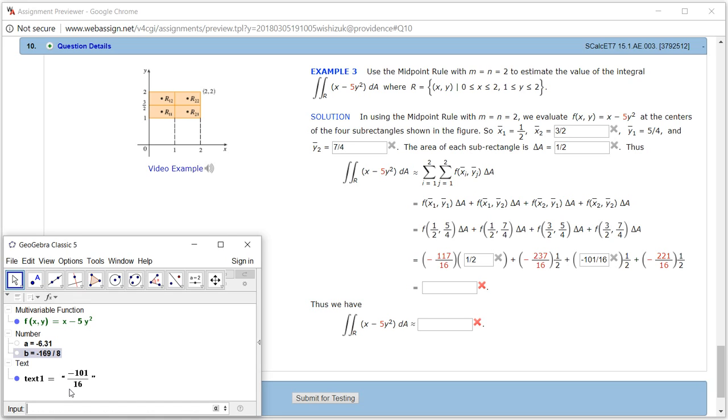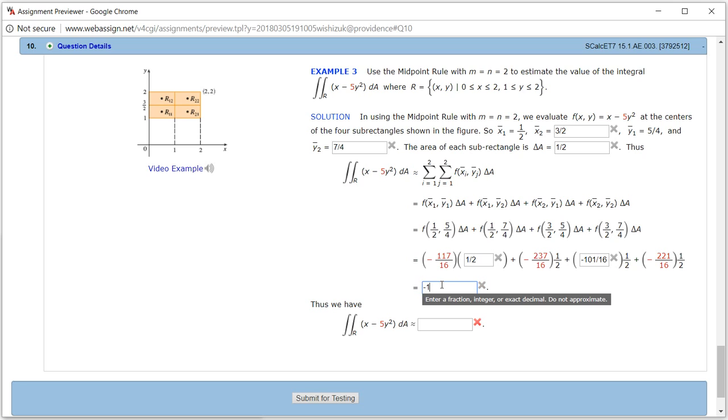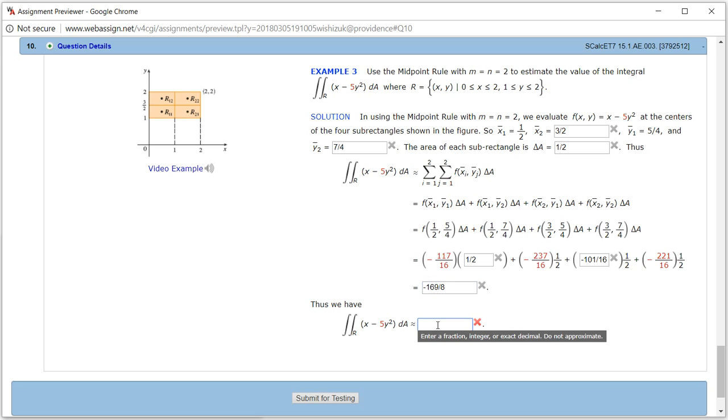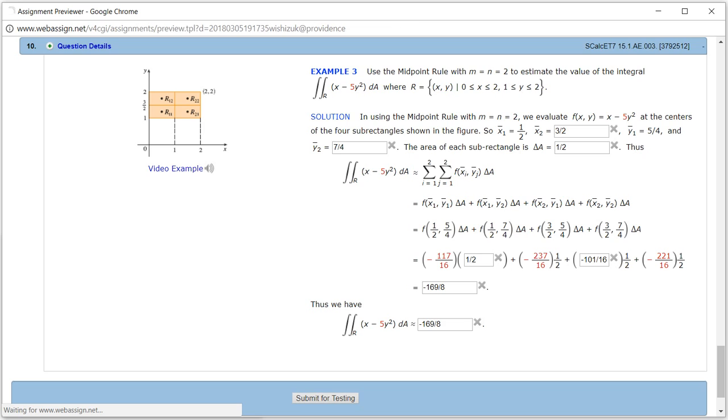You're going to get negative 169/8. So I'm going to put negative 169/8, therefore it's the same value, negative 169/8. Let's submit for testing.